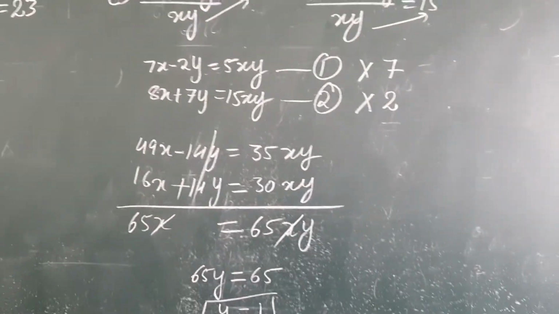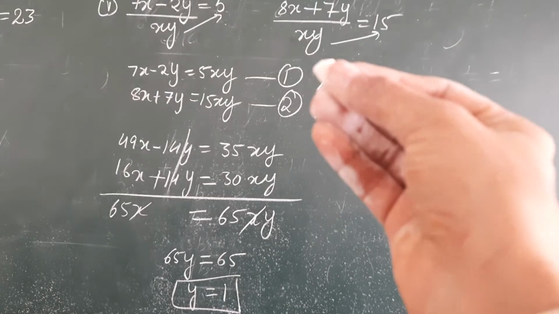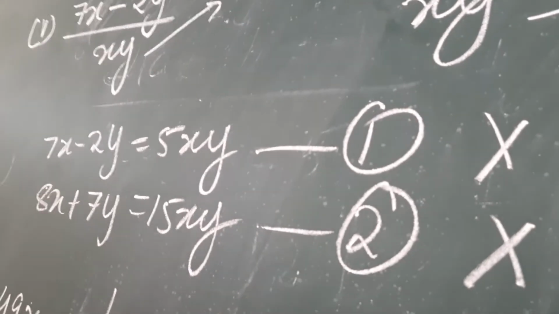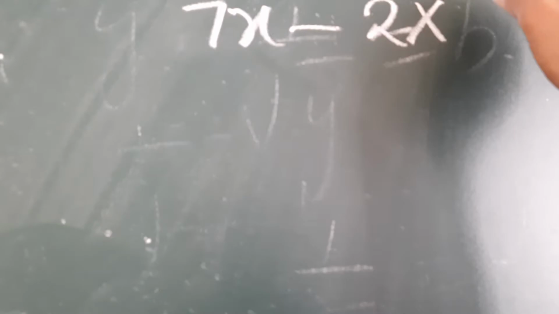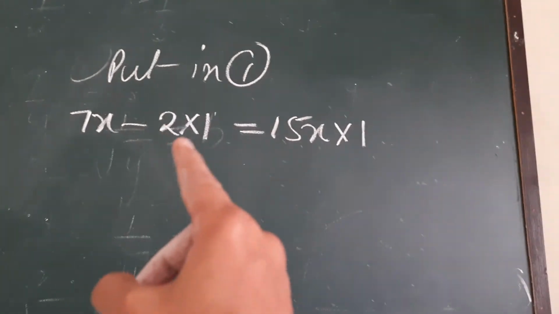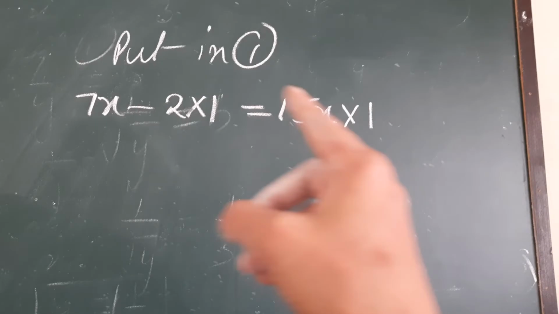Now the same question is there, just put the value of y in either 1 or 2, and you will get the value of the other variable. So put it in the first equation, so 7x minus 2y, y is 1, is equal to 15x into y. Dear students, do not forget to put the value of y at both the points.